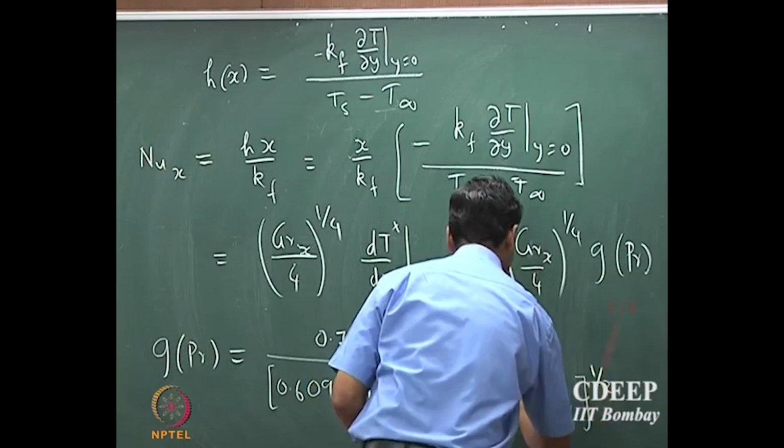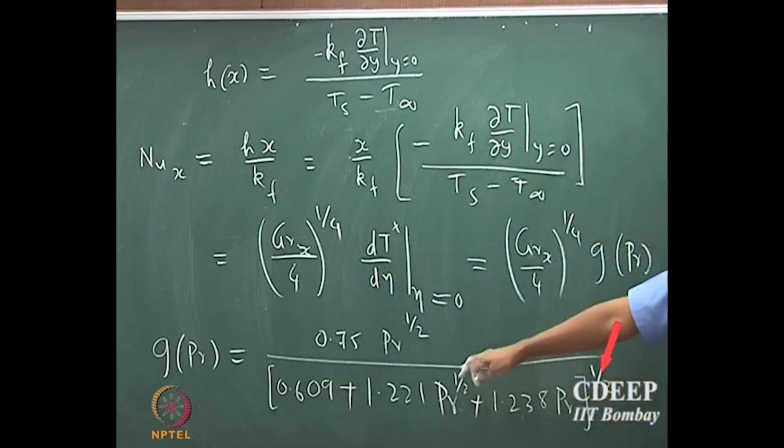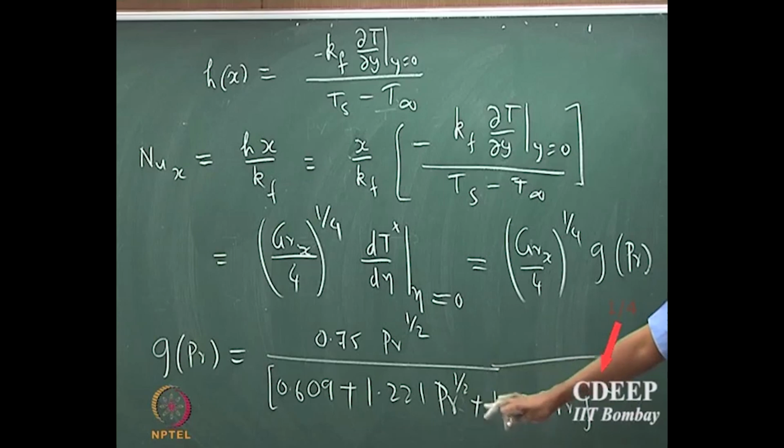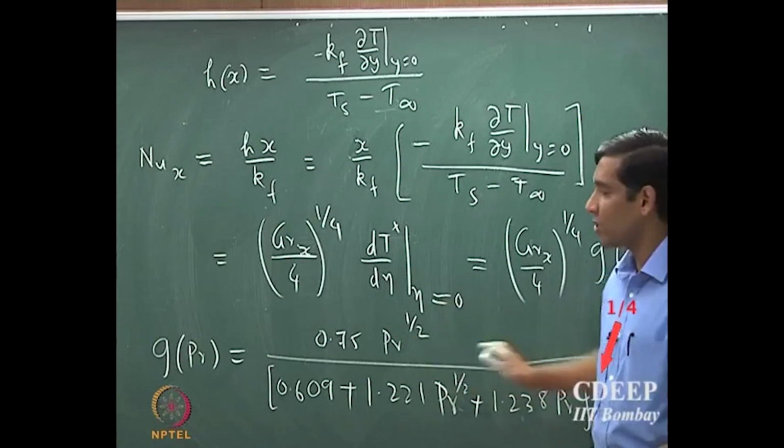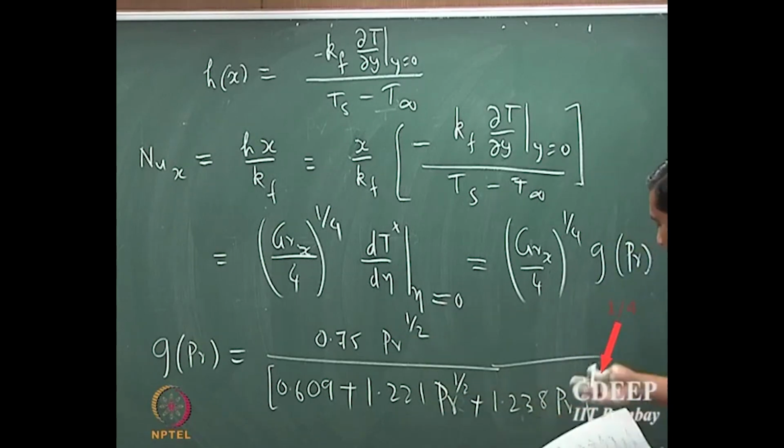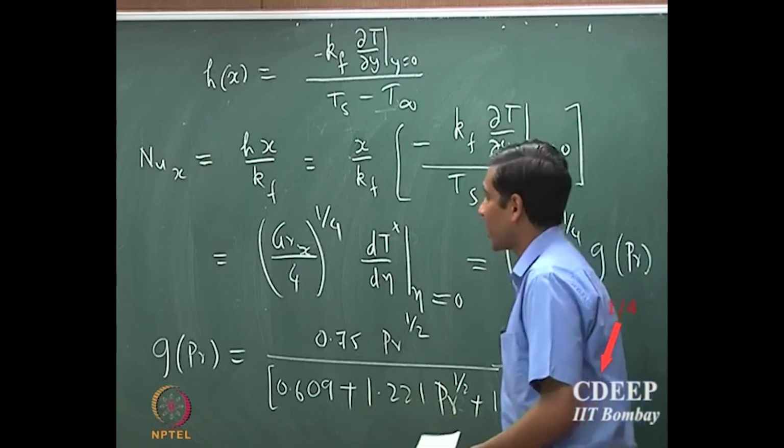I don't expect you to remember any of these expressions, but it's just important to realize that these expressions do exist. Okay, so it will always be given to you in your exam.